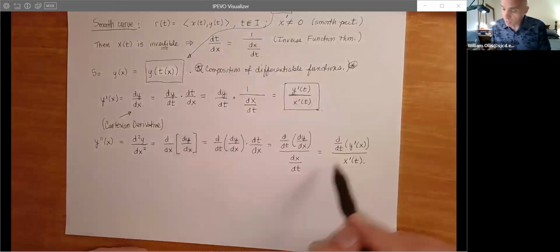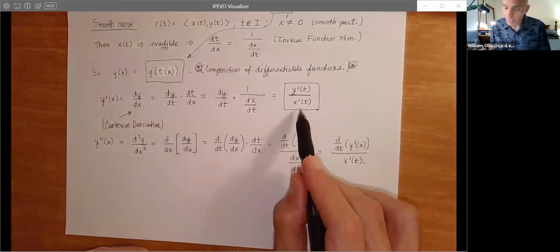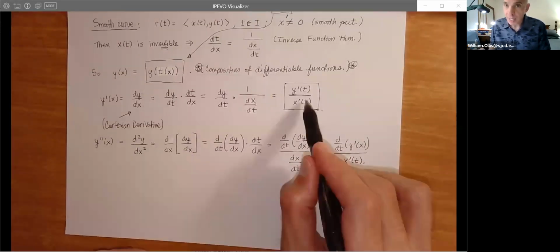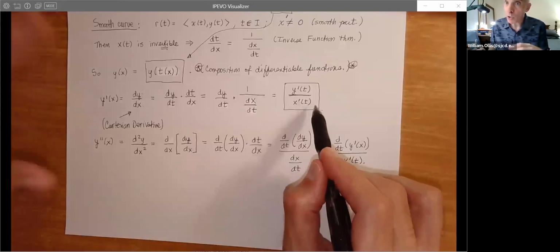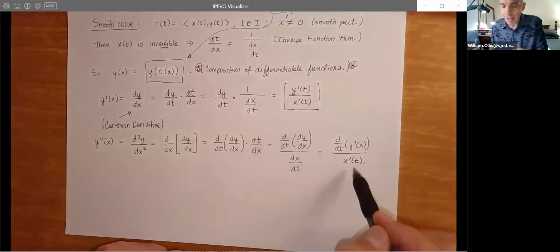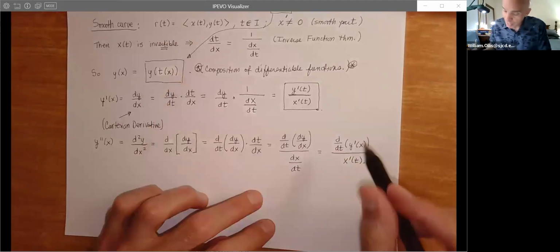And so we appear to get something that looks a lot like this. So whatever we get here to get the second Cartesian derivative, we differentiate this result, so it's iterative. It's a recursive process. We differentiate this, and then again divide by the derivative of the x coordinate. So this iterates.